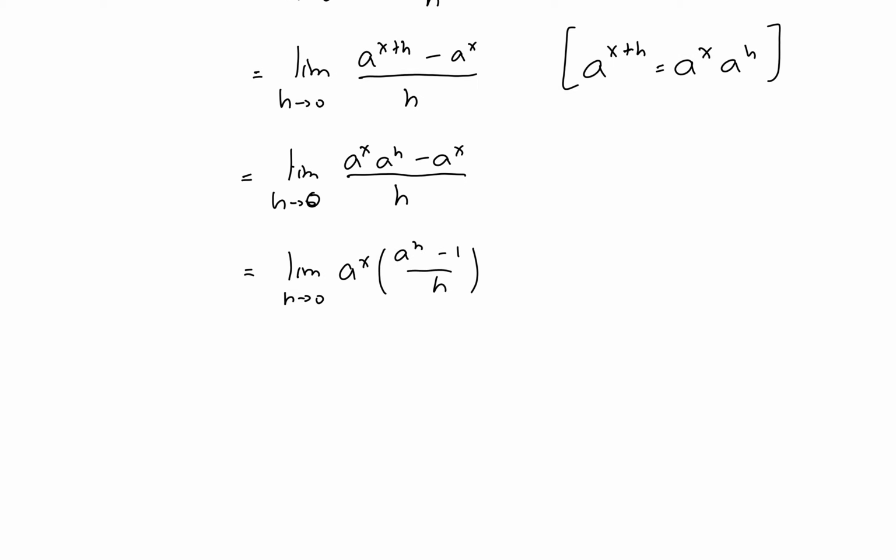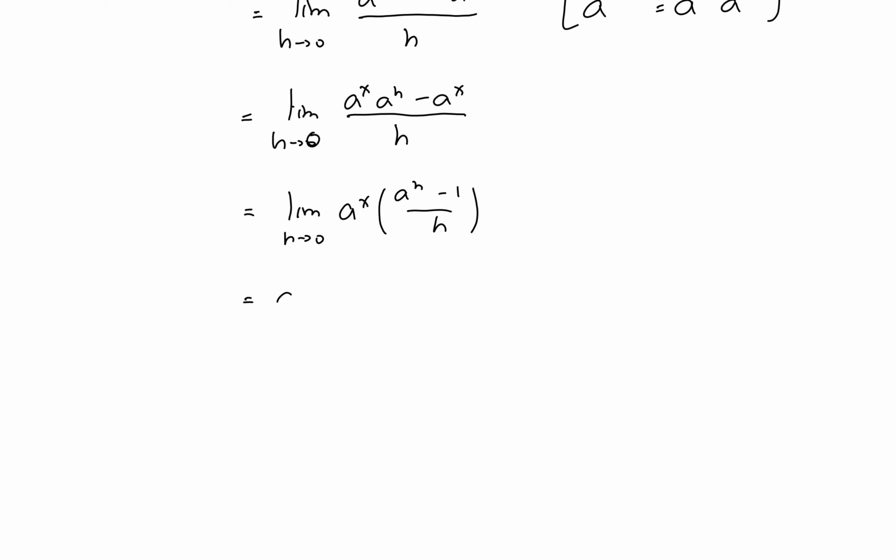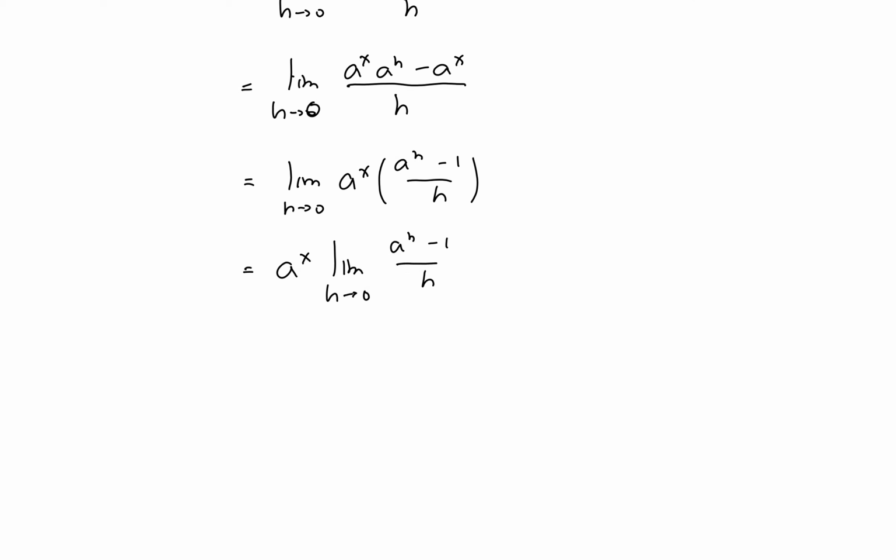And since a to the x doesn't depend upon h, I can bring that out front of the limit. So what we see then is, in order to calculate this derivative, I need to be able to evaluate this limit.